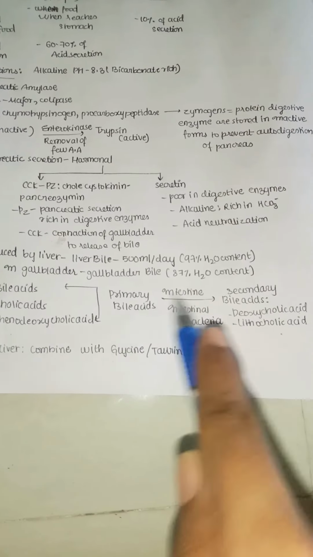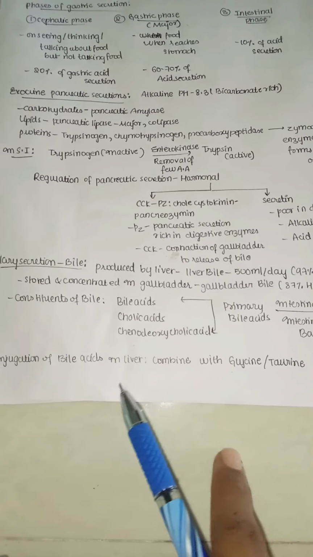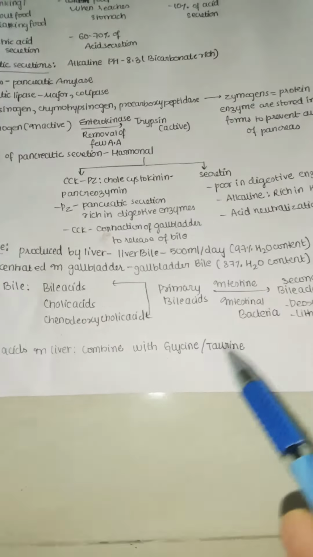In the presence of intestinal bacteria, they are converted into secondary bile acids. These secondary bile acids are called deoxycholic acid and lithocholic acid. The conjugation of bile acids takes place in the liver when they combine with glycine or taurine.